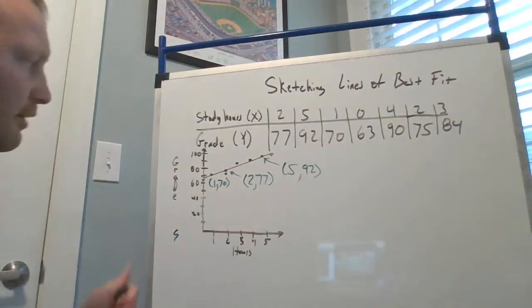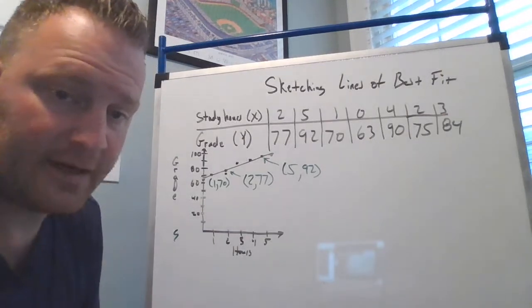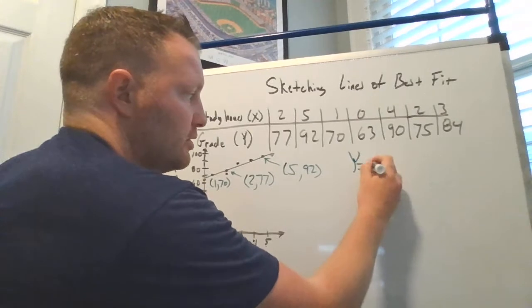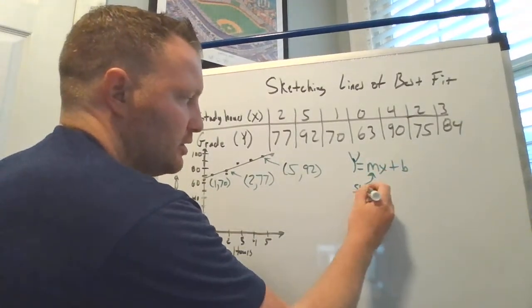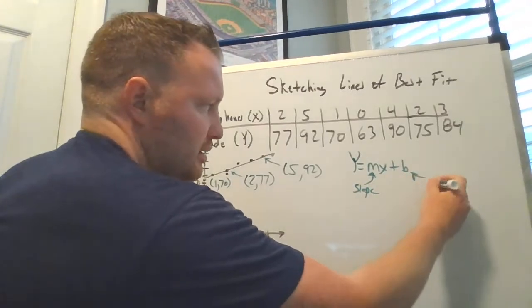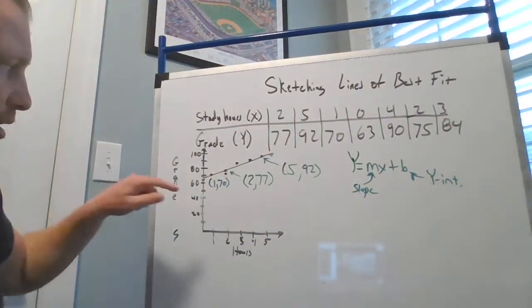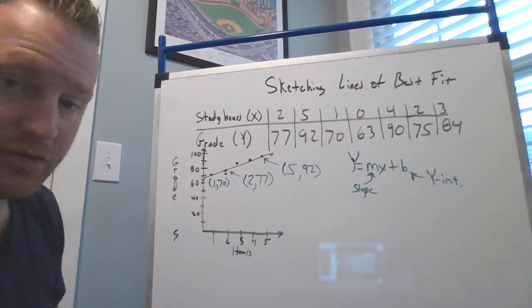Got it from my data right here. Now we only need 2 points to find the equation of this line. Now remember, your equation is y equals mx plus b. M is your slope, and b is your y-intercept.